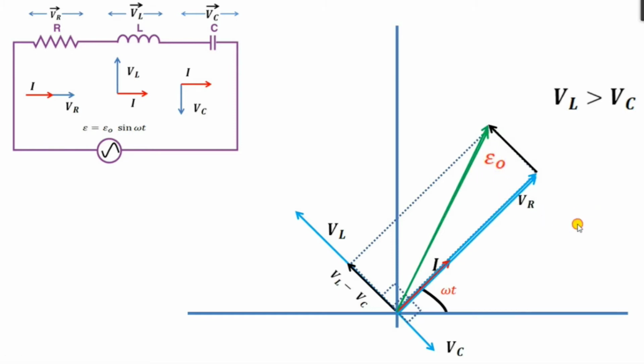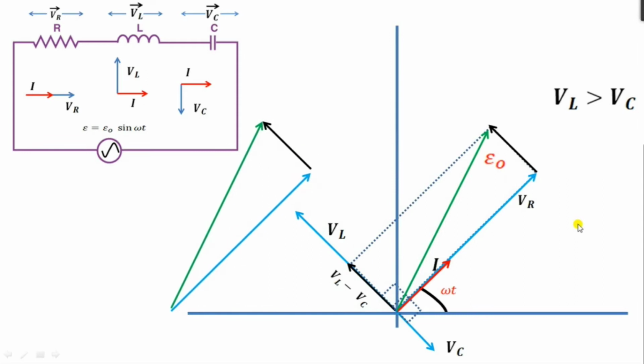Now we'll take this triangle and we'll see the resistance offered by each part of the circuit. This blue one is for the resistor, so the resistance offered will be R, and this line is due to the inductor and capacitor.